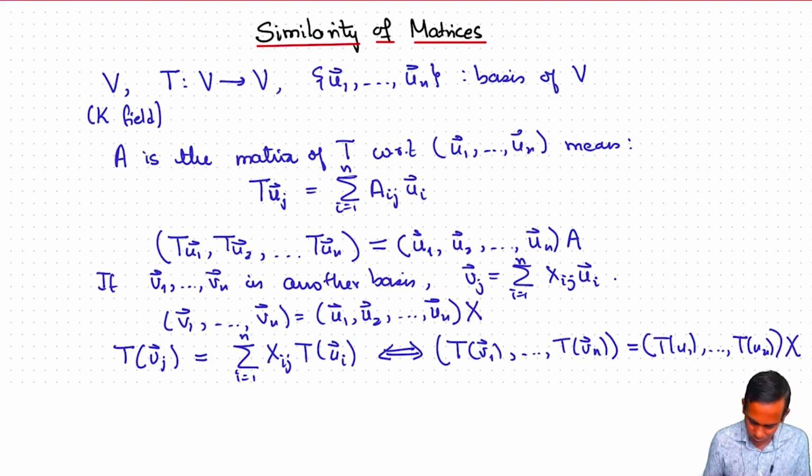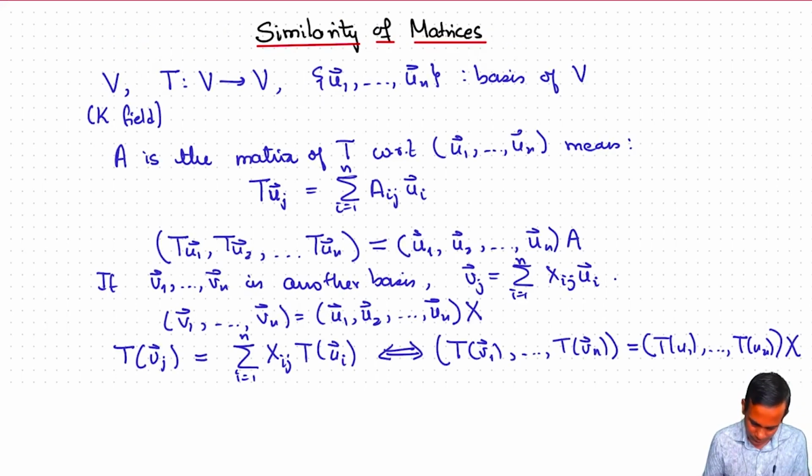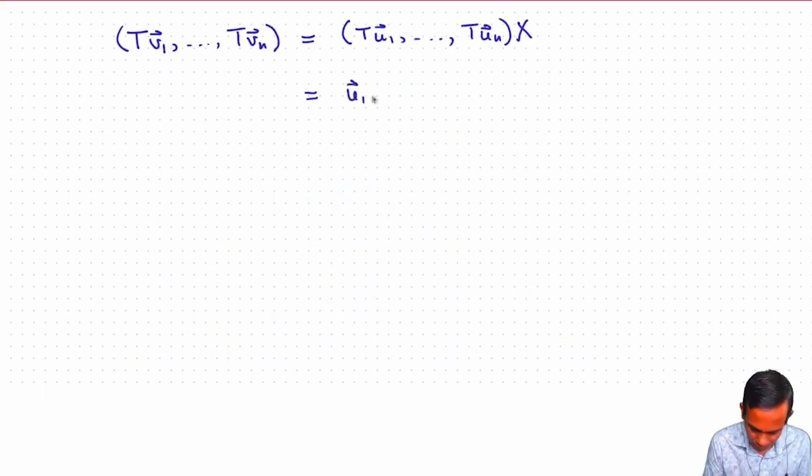Recall that (Tv1, ..., Tvn) is (Tu1, ..., Tun) times X. But now we know what (Tu1, ..., Tun) is: it's (u1, u2, ..., un) times A. So we have (u1, ..., un) times A times X. Now let's express u1, u2, ..., un in terms of v1, v2, ..., vn.